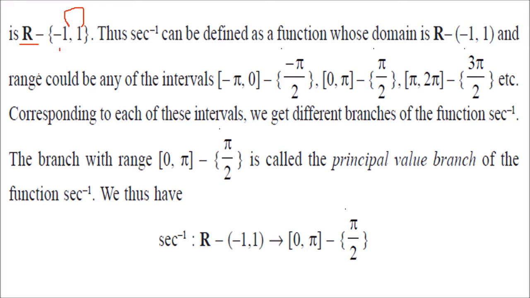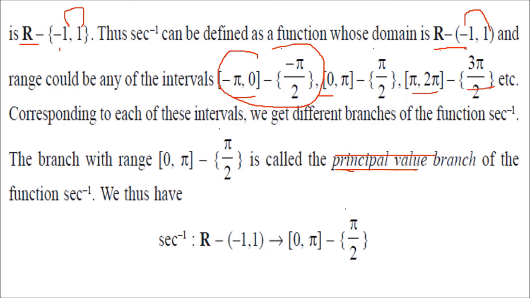So sec inverse can be defined as a function whose domain is now the range of sec, that is all the values except between minus 1 and 1, and for the range you can take any of these. Let us take this one as the principal range. We'll take it as the principal value branch.